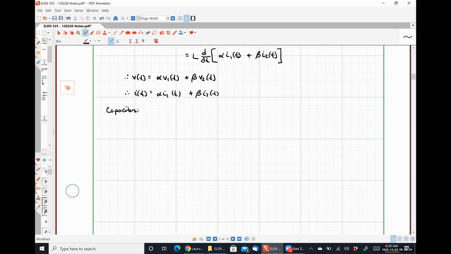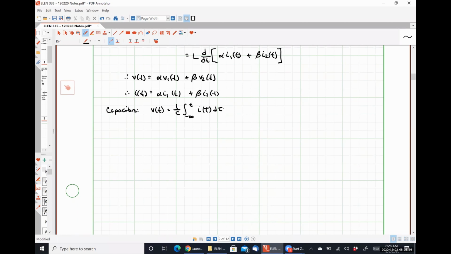All righty, so for a capacitor, our governing equation is the voltage is 1 divided by C times the integral from negative infinity to t of i of tau d tau, where tau is just a dummy variable for time, nothing fancy going on.